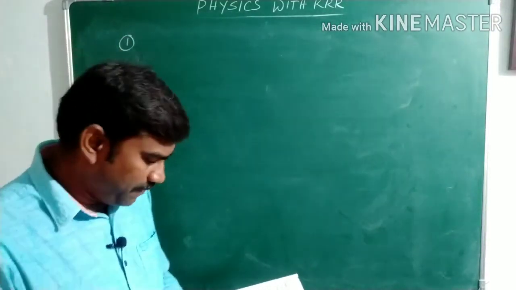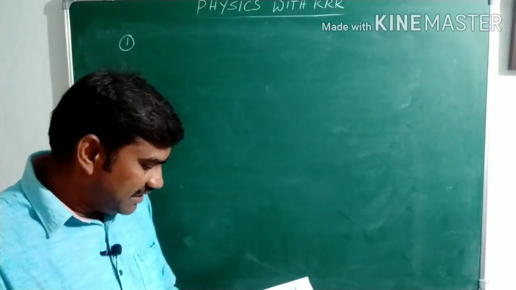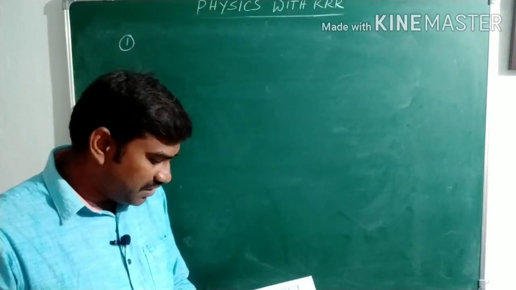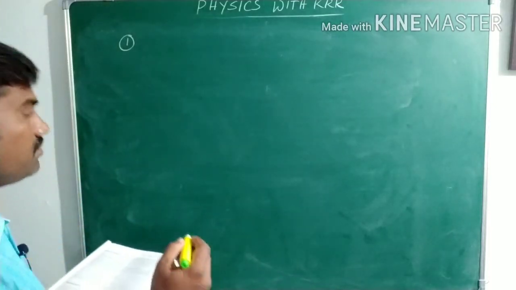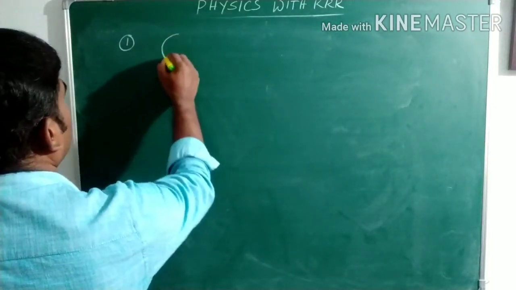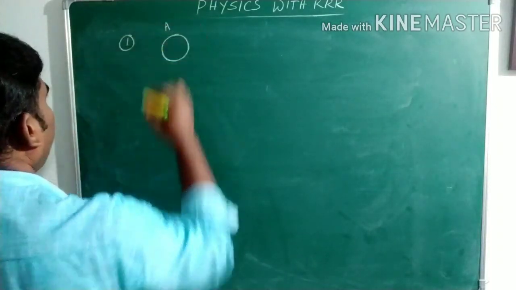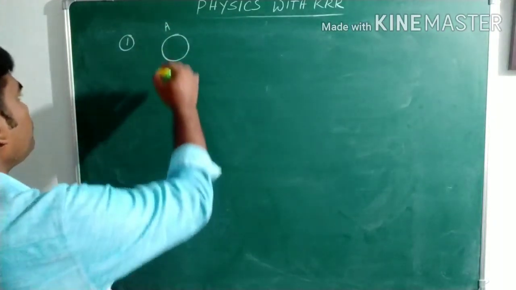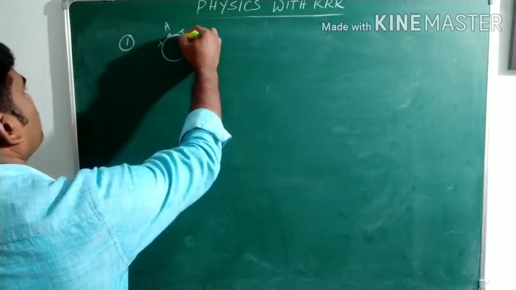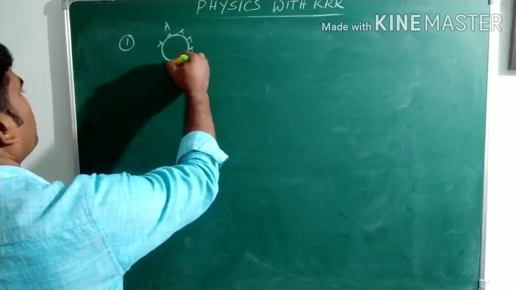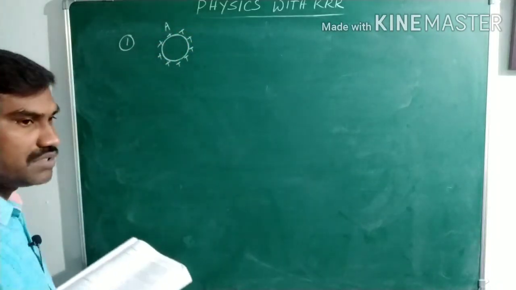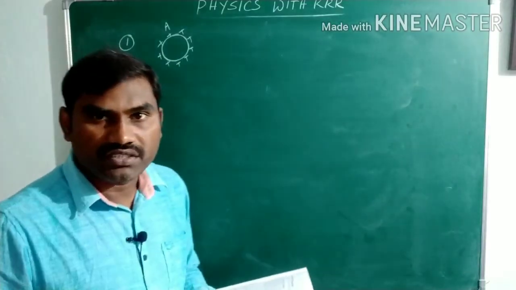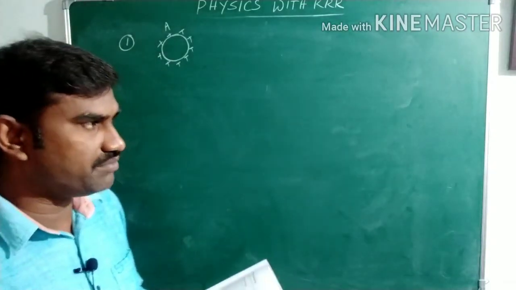First numerical: one metallic sphere A is given positive charge. So here one sphere was given, this is A, and it is given positive charge. What is meant by giving positive charge?